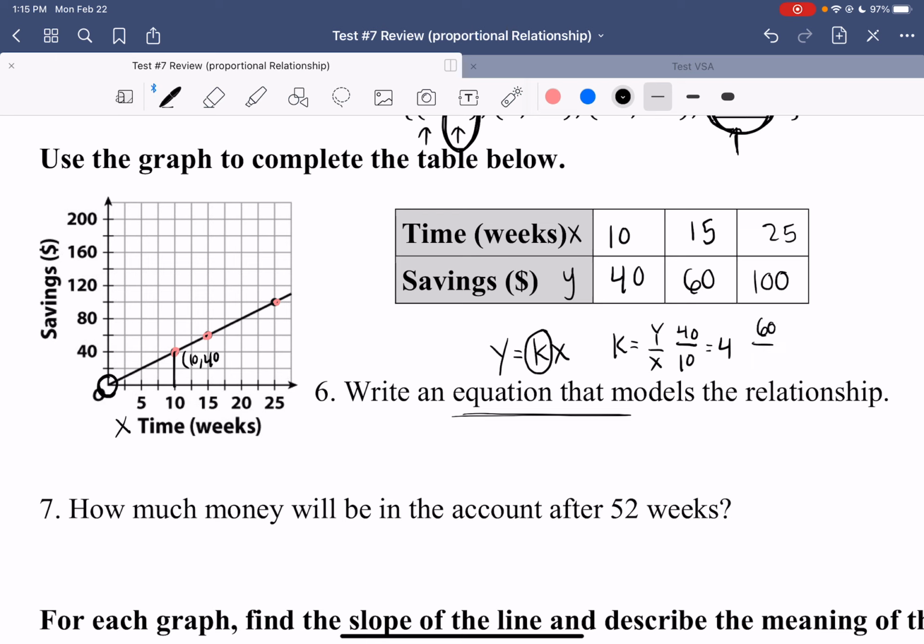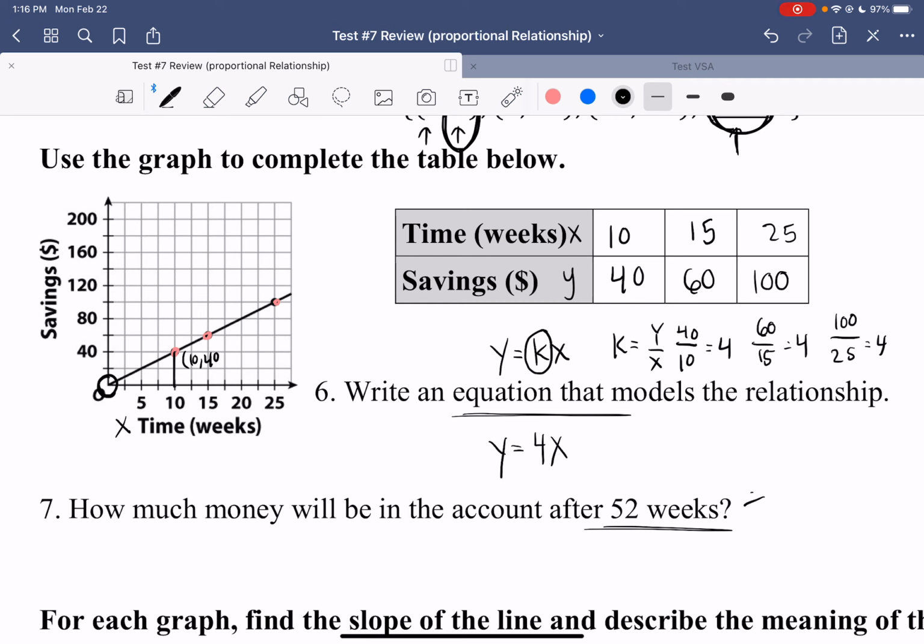We have 60 divided by 15 is 4, and 100 divided by 25 is 4. So whichever y divided by x you do, you'll get the same one. And then this is our k that we just solved for, so we can substitute that 4 back in for our example.